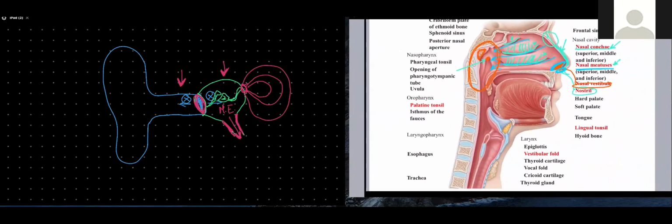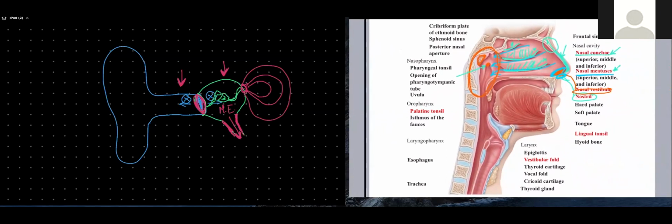Just below the nasal cavity, we can see the oral cavity. The hard palate is going to be formed of 2 bones. Remember, we've got the palatine bone and we've got the plates from the maxillary bone.